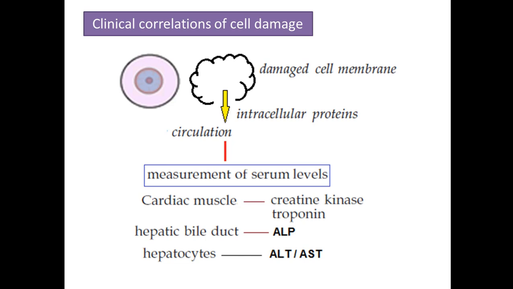So if we get high levels of troponins and CK-MB in the blood, we can say that there is some damage to the cardiac myocytes and there is myocardial infarction.